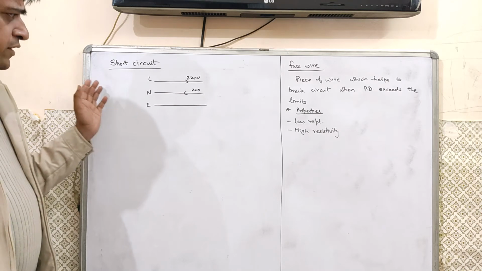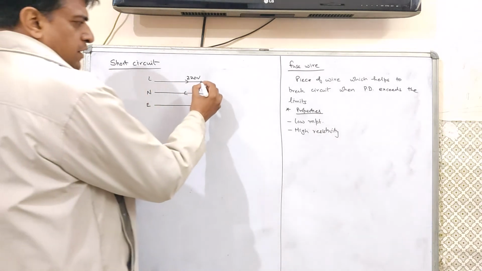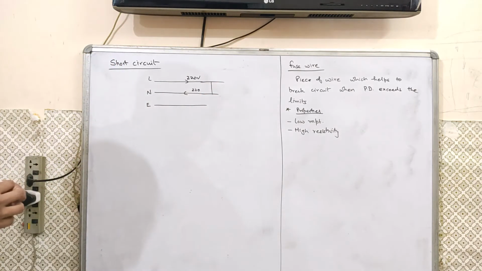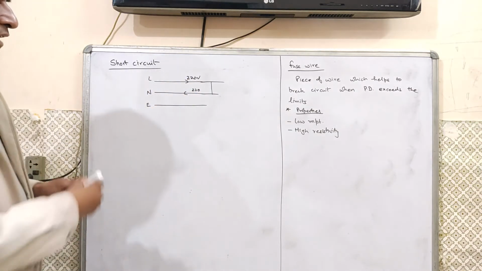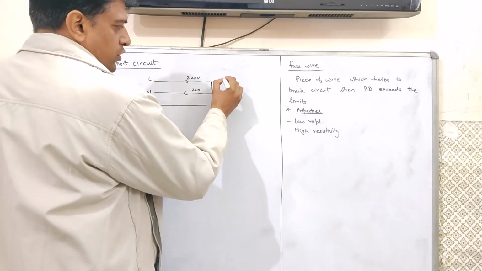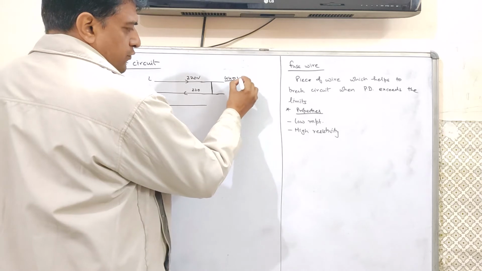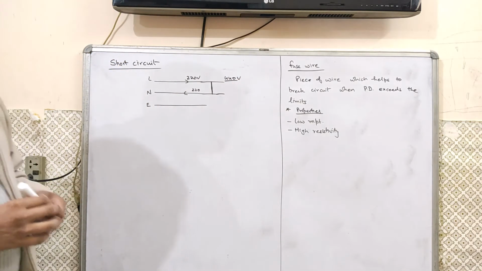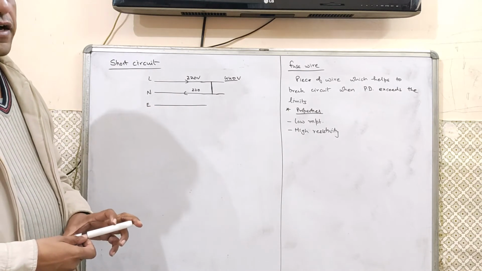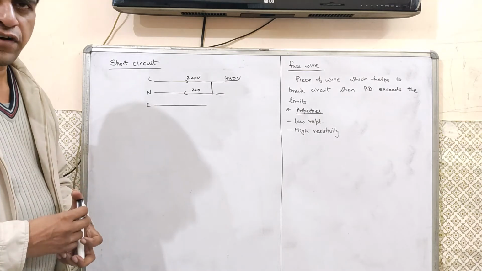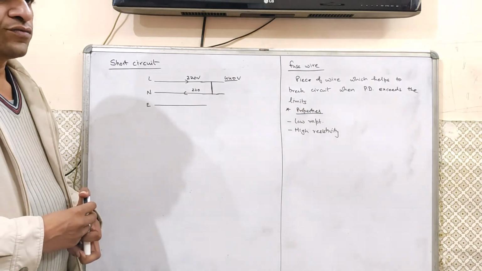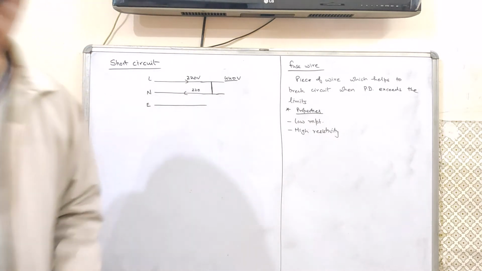Whenever there is a problem in which this live wire and this neutral wire come into direct contact, the total voltage becomes 440 volt, and this leads to high sparking and damage to the electrical appliances, and may also set fire in your home. That's why this short circuit is a very harmful process for your electrical devices.